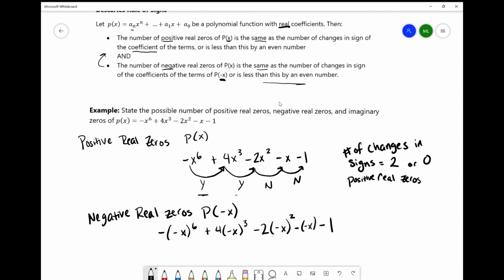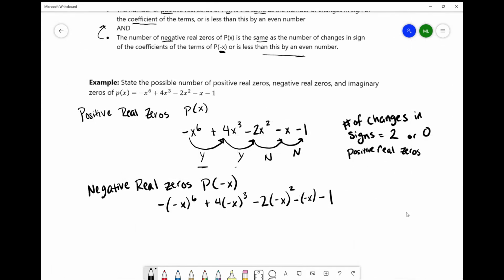Okay. When you solve all that out, anything that is in an even power stays the same. But again, you had a negative out front, so it's negative x to the power 6. Then I have negative x to the power 3, and when you have it to an odd power, it changes its sign, so it's negative 4x to the power 3.